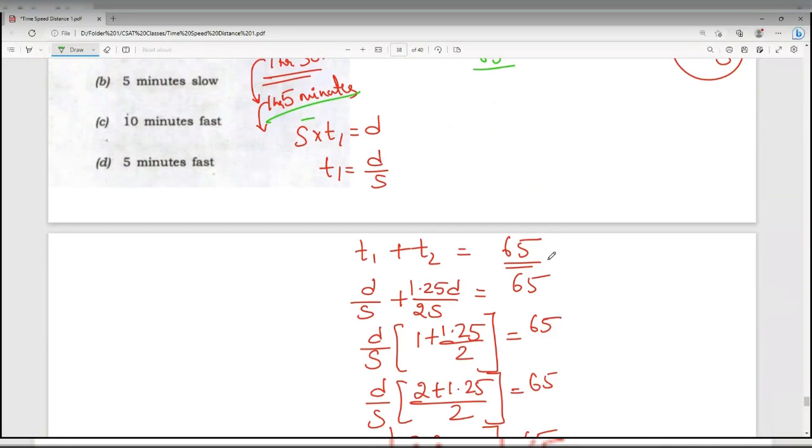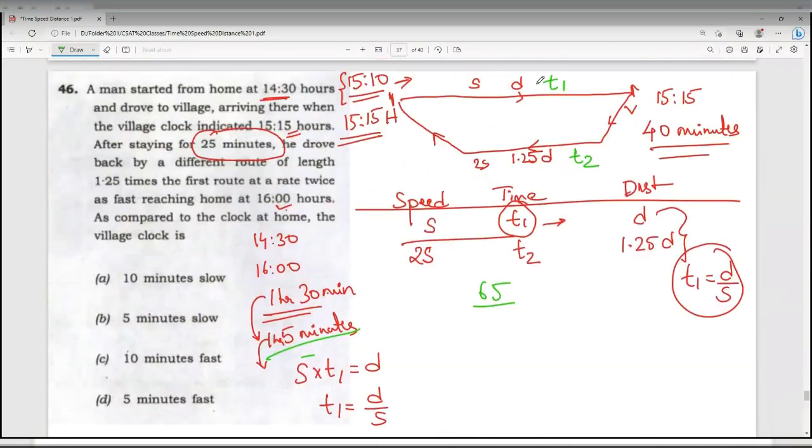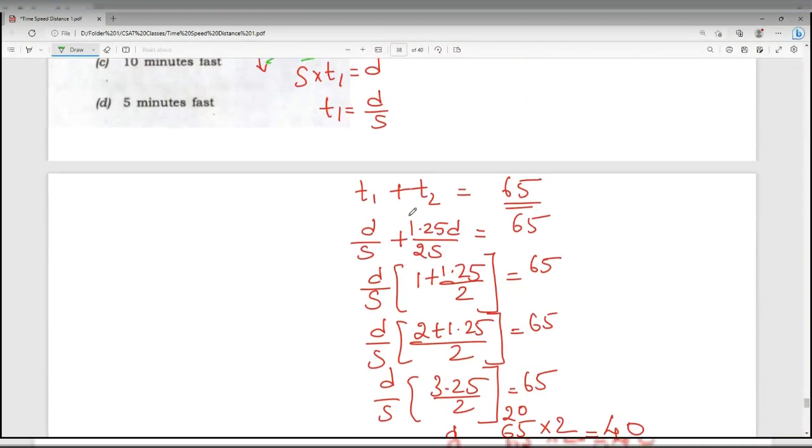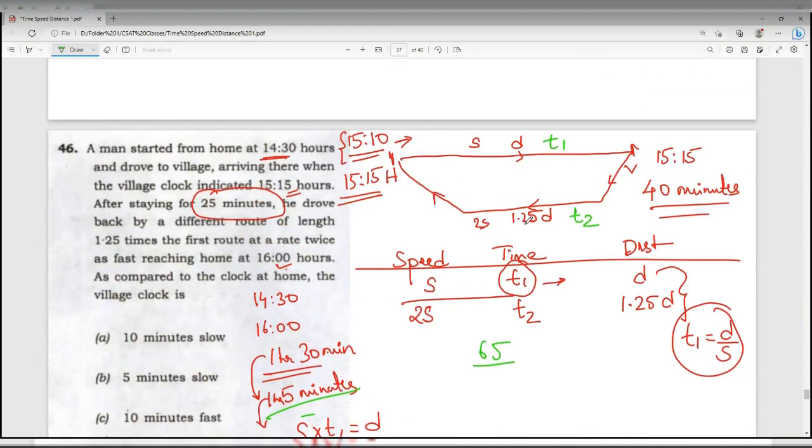T1 plus T2 is 65, and T1 is the distance between the home and the village divided by the speed, so d by s. And while he is coming back, he takes a different route. That route is 1.25 times the length of the first distance. It is 1.25 d, and the speed is twice the earlier speed, that is 2s.